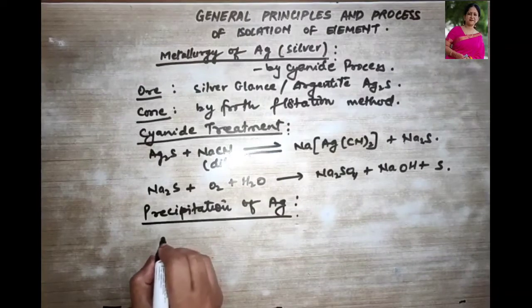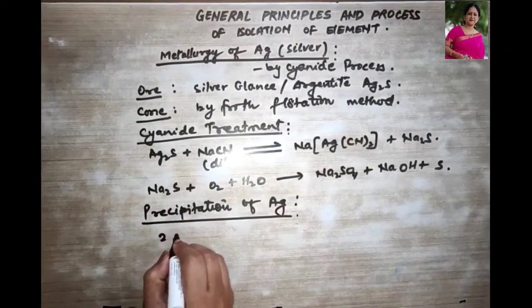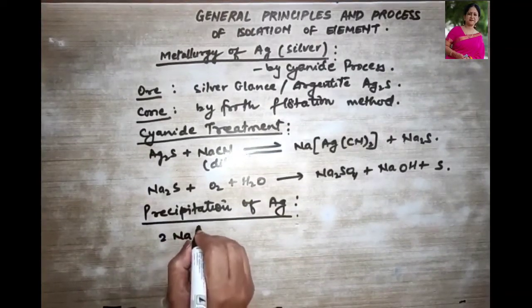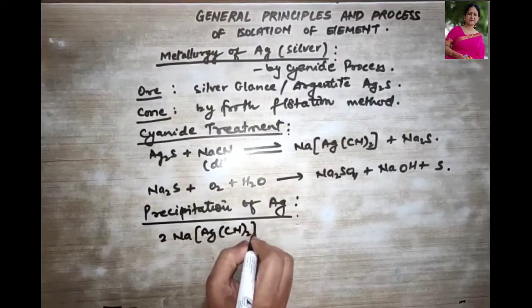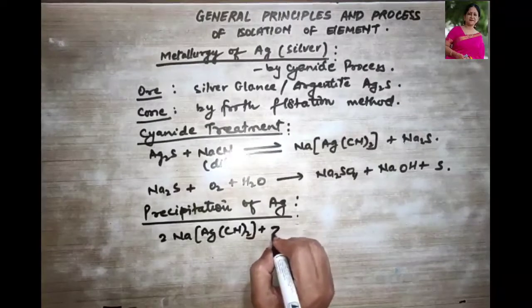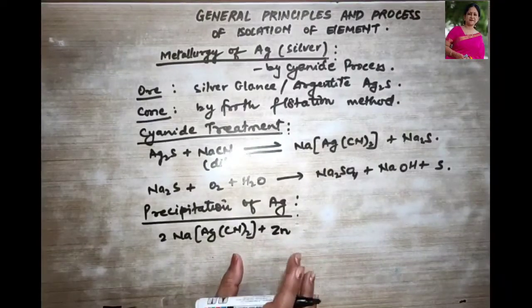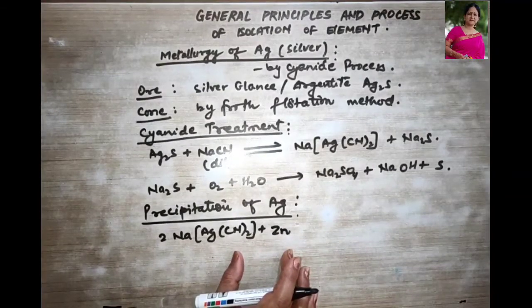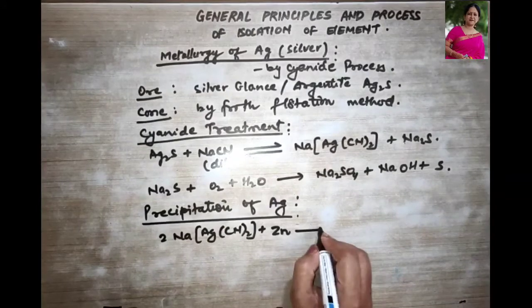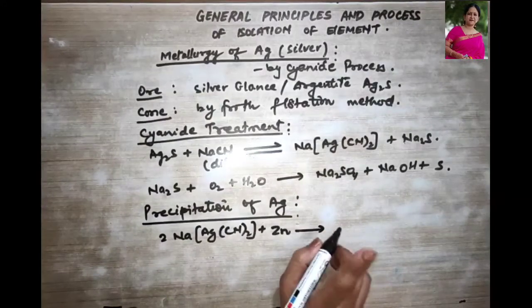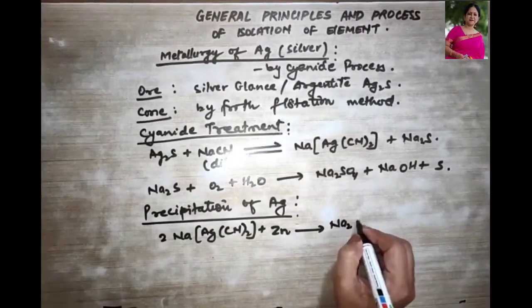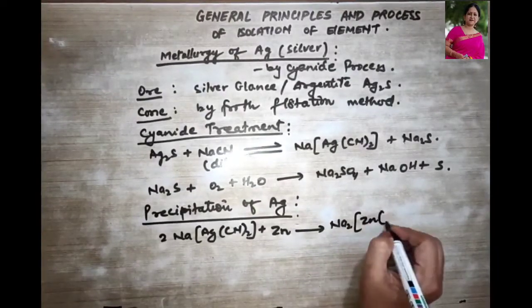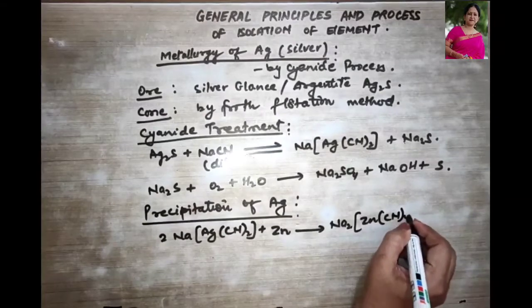So over here, 2 parts of sodium argentocyanide, when it is treated with, what did I tell you? A more electropositive metal, that is zinc. It is going to give us sodium tetracyanozincate, that is Na2Zn(CN)4.